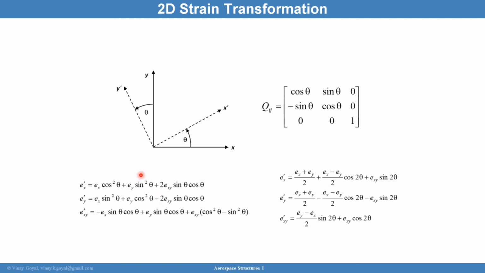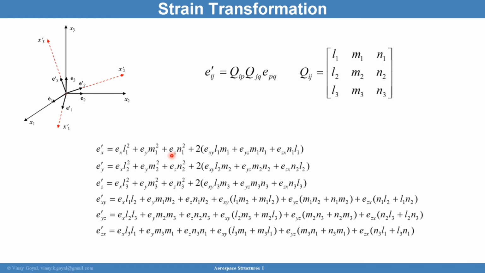The 2D strain transformation follows very simply by setting epsilon z, epsilon yz, and epsilon zx to 0, and then I can use the rotation by theta to determine this transformation. So knowing epsilon x, epsilon y, and epsilon xy in the x1, x2, and x3 coordinate system, I can calculate them in the new coordinate system x1 prime, x2 prime, and x3 prime.